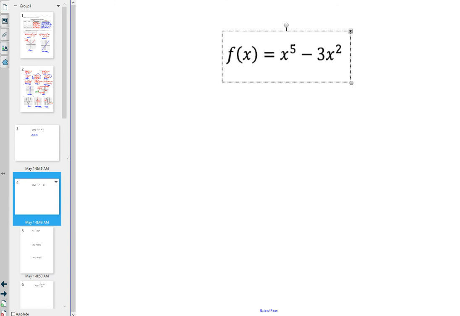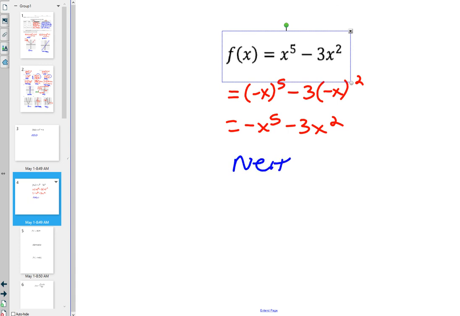Let's see. So f of negative x is negative x to the 5th minus 3 times negative x squared. So this stays negative x to the 5th. That becomes positive, but it still has a negative 3 in front. So you are correct. This is going to be neither. It's not exactly the same, and it's also that the signs are different.